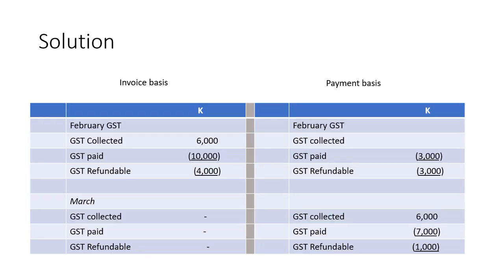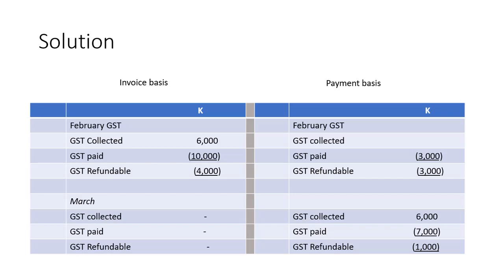Okay, comparing invoice basis and payment basis per month. In February, you can see we have GST collected under invoice basis 6,000 and then GST paid 10,000. So you get the net amount. If GST paid is more than the GST collected, that will be GST refundable.